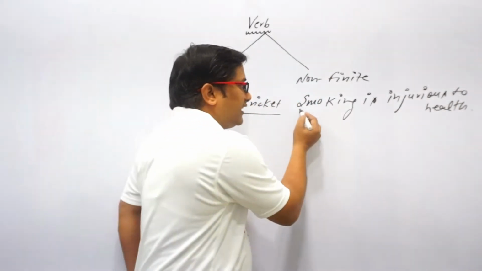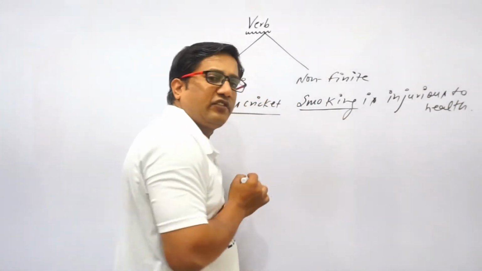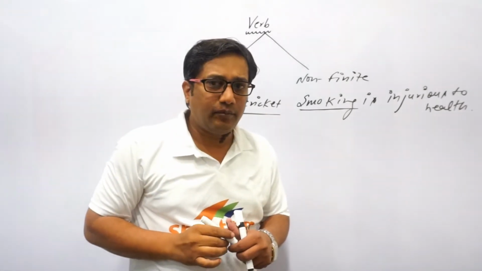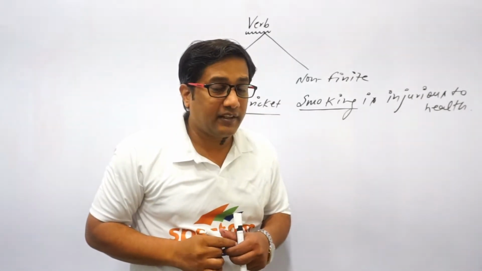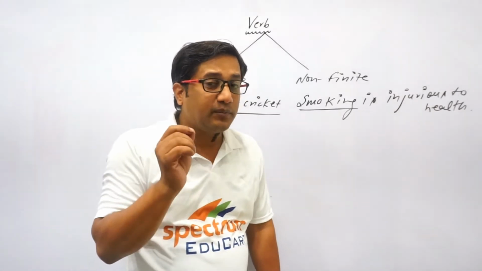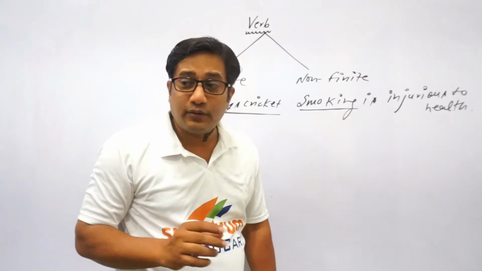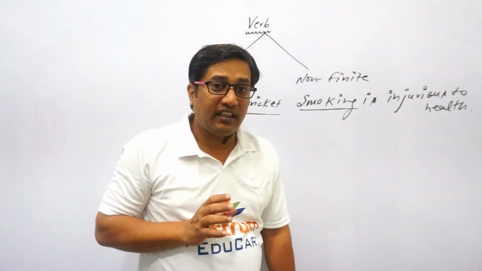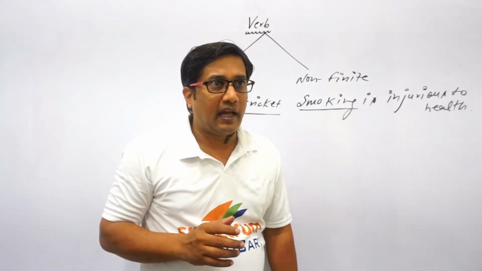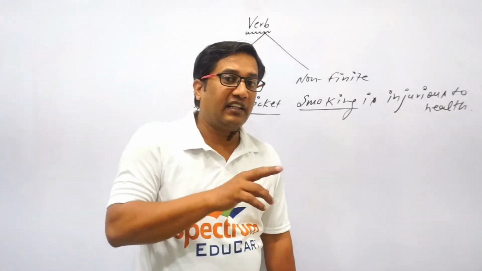Here smoking is a subject, but what kind of subject? This subject has been made using an action word. Smoke is an action word. Smoking is an action word, like he's smoking, they are smoking.